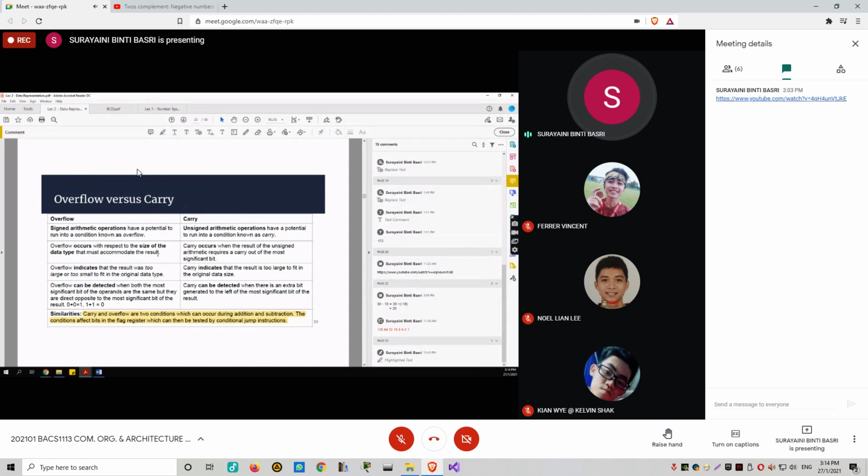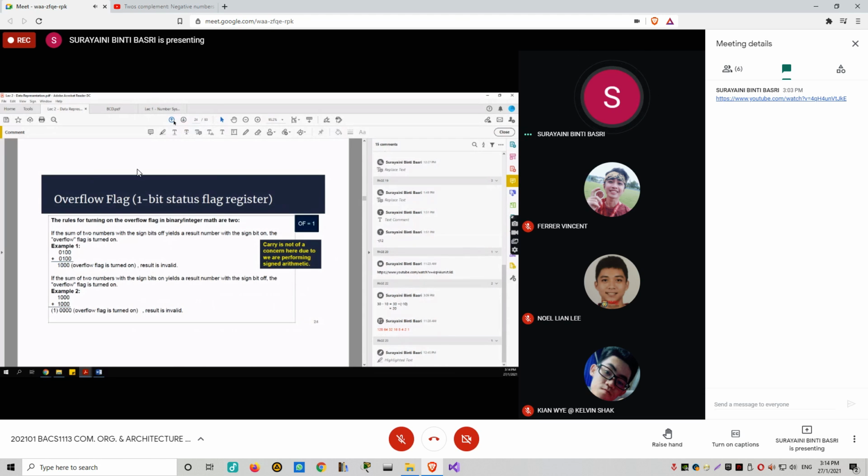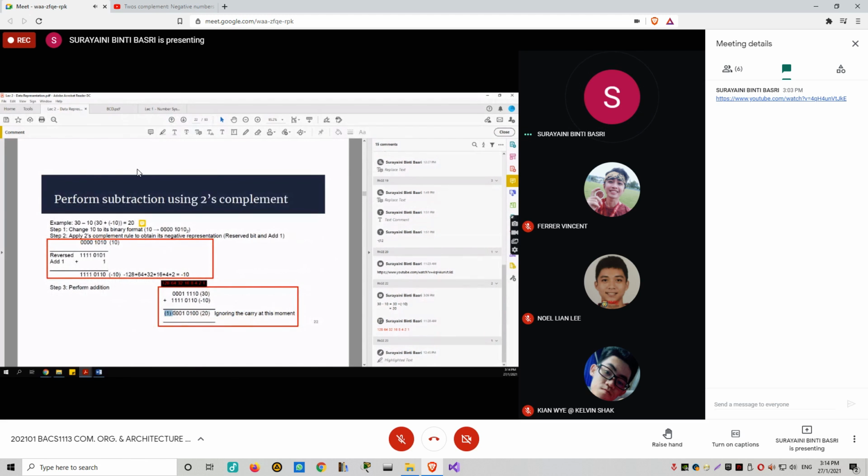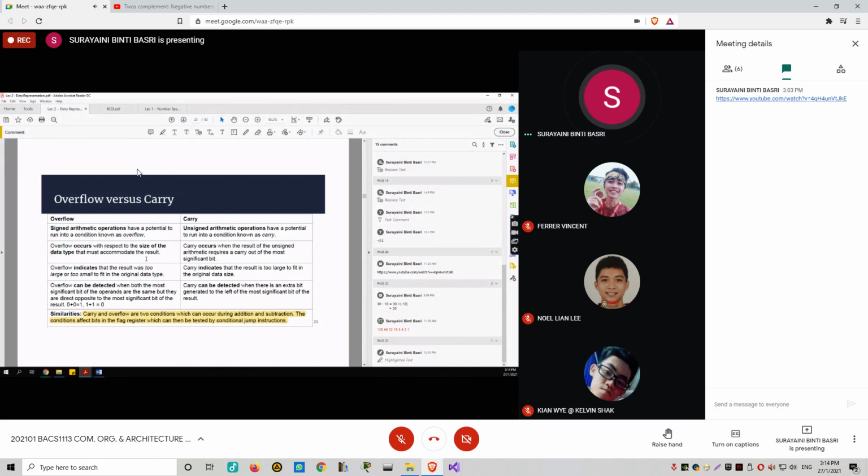Okay, so for example, if the number that you add is 8 bit, and then you have an excess bit, so it is the meaning of this: overflow occurs with respect to the size of the data type that must accommodate the result.